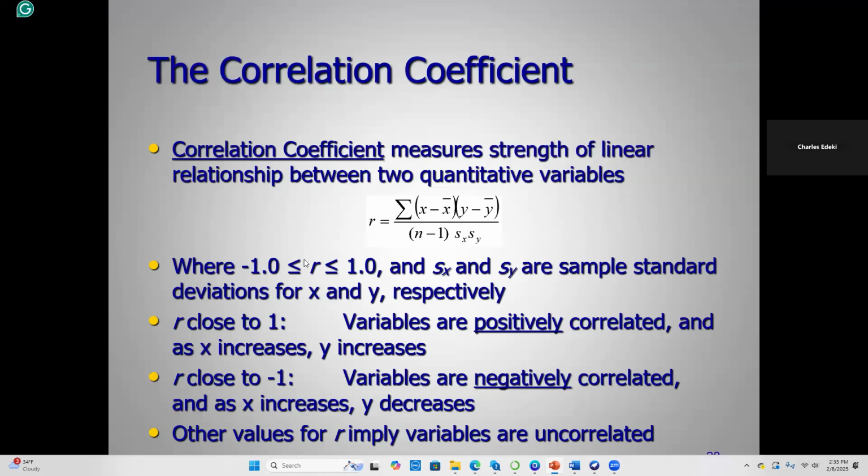If it's close to 0, that means there's no relationship between X and Y. If it's a very big positive value close to 1, then we have an increasing relationship: when X increases, Y also increases.